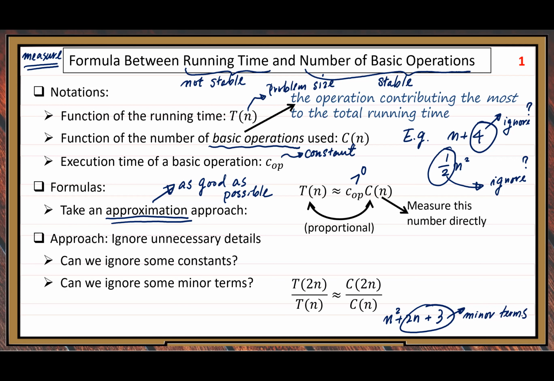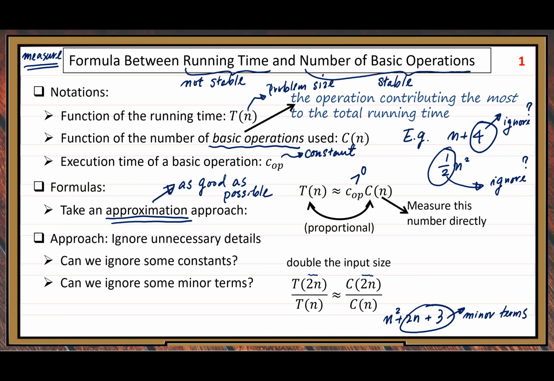First, let us take a special view. In this view, we take the ratio for these two functions, T of n and C of n, but we double the problem size, the input size, to 2n.